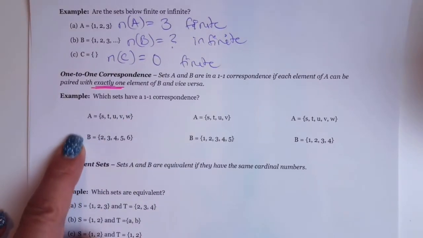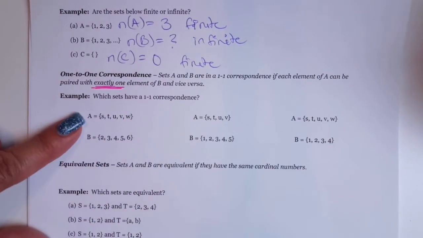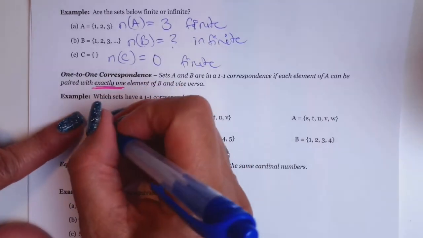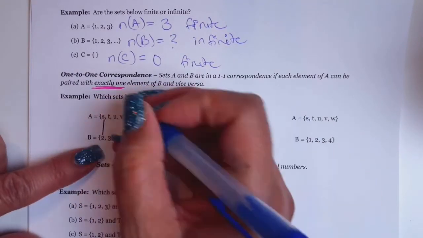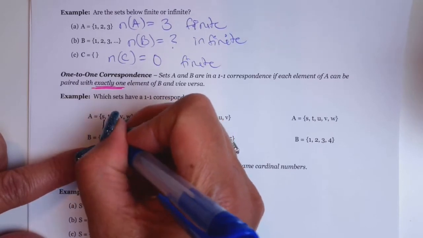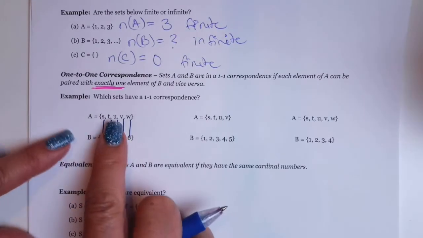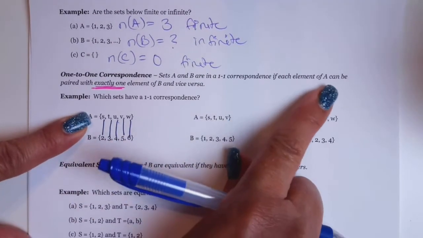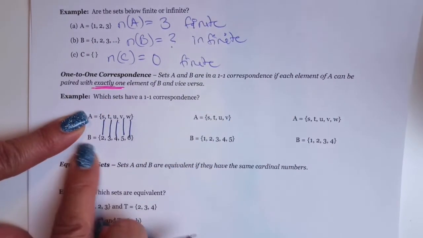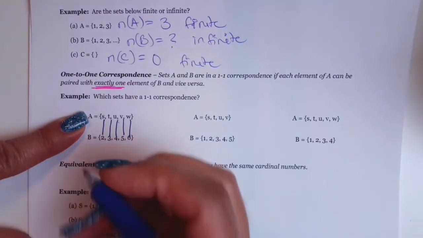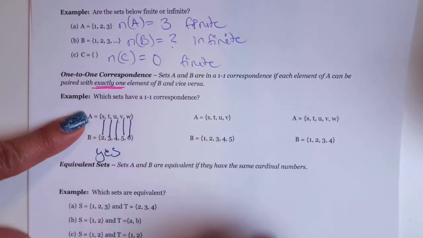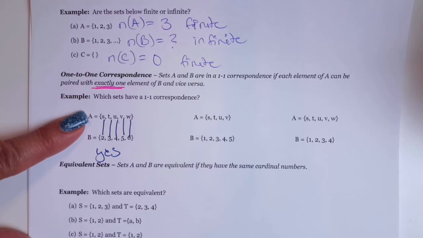We're looking at these two here. The easiest way to figure it out is just to draw a line from here. Each element of A can be paired with exactly one element of B. So this does have one-to-one correspondence.